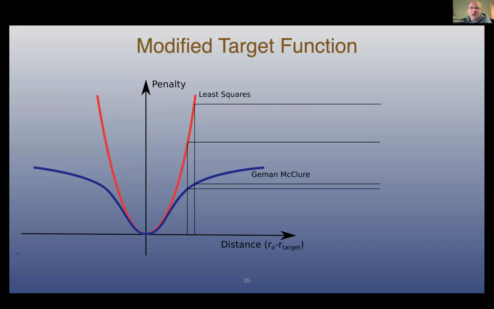Right, so if we move a little step, oh dear, I wish I had my cursor. We're moving from here along a bit, so further away, and when we have a least squares target, that's a big contribution to the penalty function. When we're using the Geman-McClure modifier, M estimator, as it's called, then it's adding a small amount. So the further and further we move away from the true structure, the less and less we make a contribution to the target function.